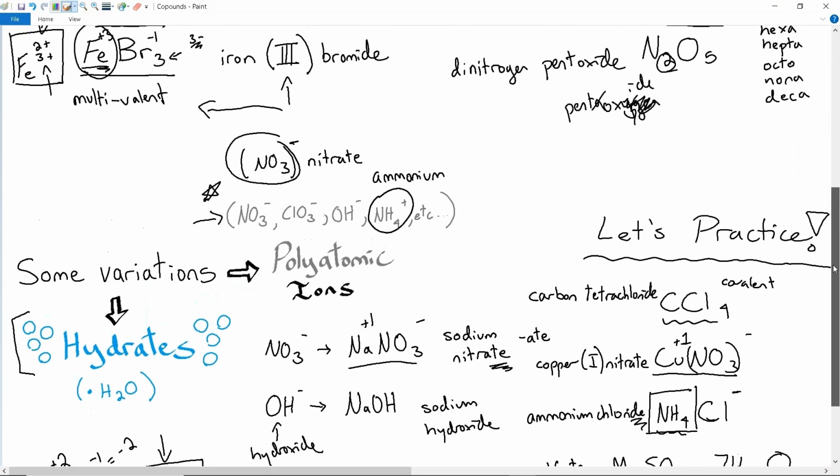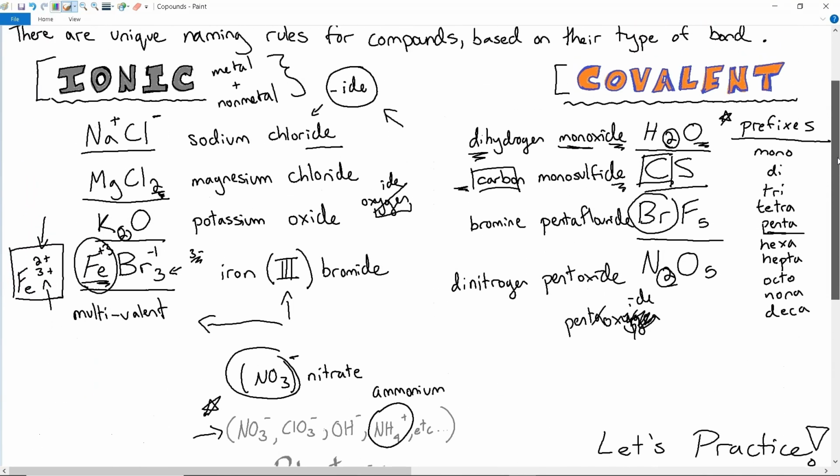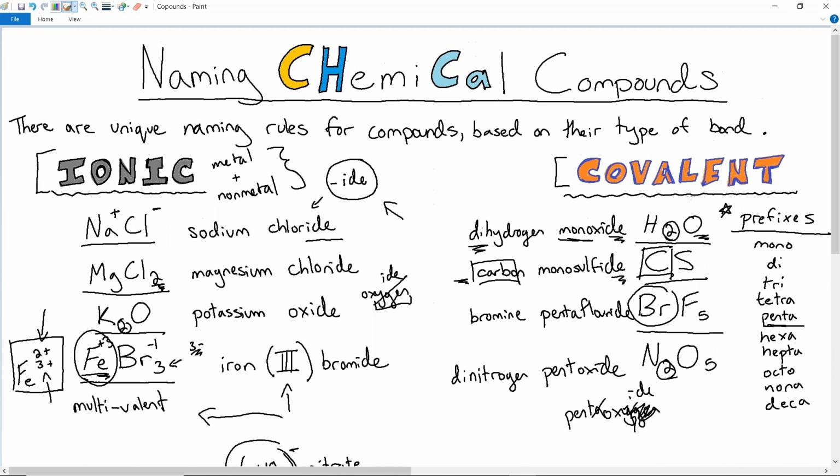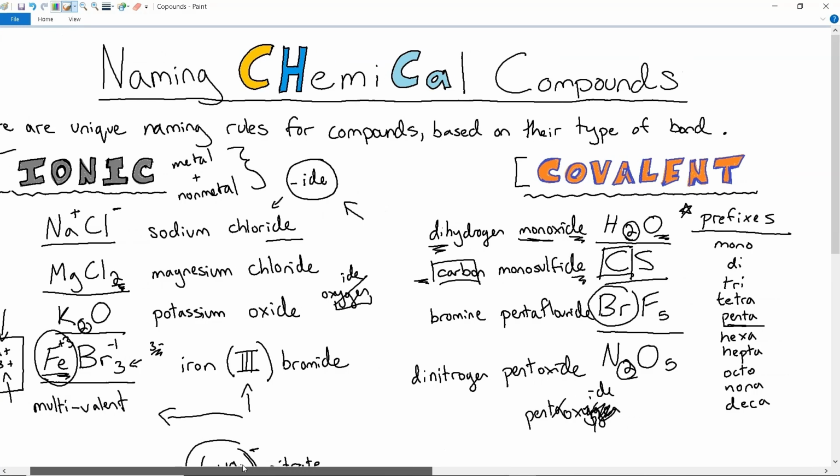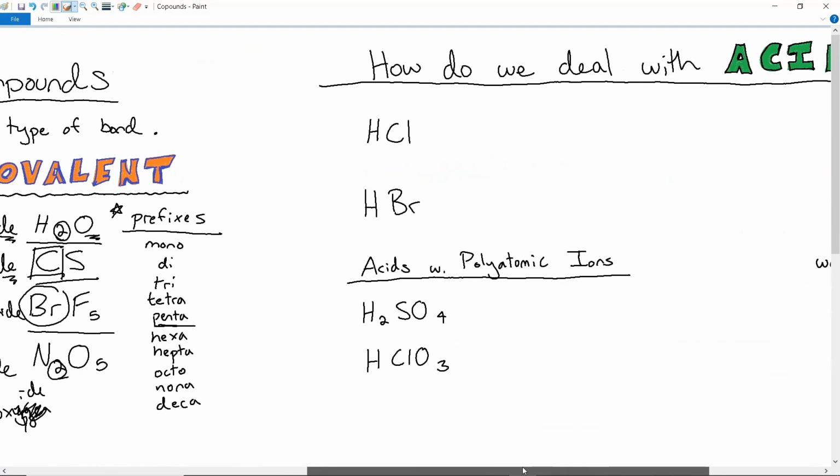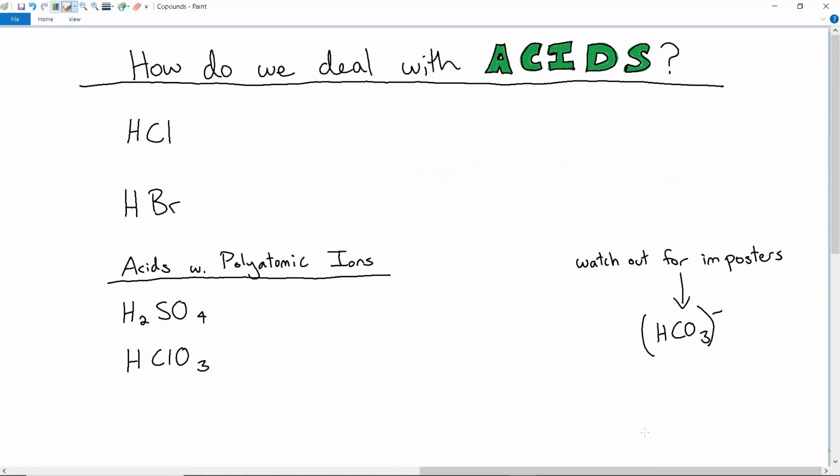Okay, we've done some easy ones, we've done some hard ones, but we are missing a crucial type of compound that's very common in chemistry, and that would be good old acids. So how do we deal with acids in terms of naming them? Well, acids are a little bit strange, right? Because if we look here, I have hydrogen and chlorine, and they're two nonmetals.